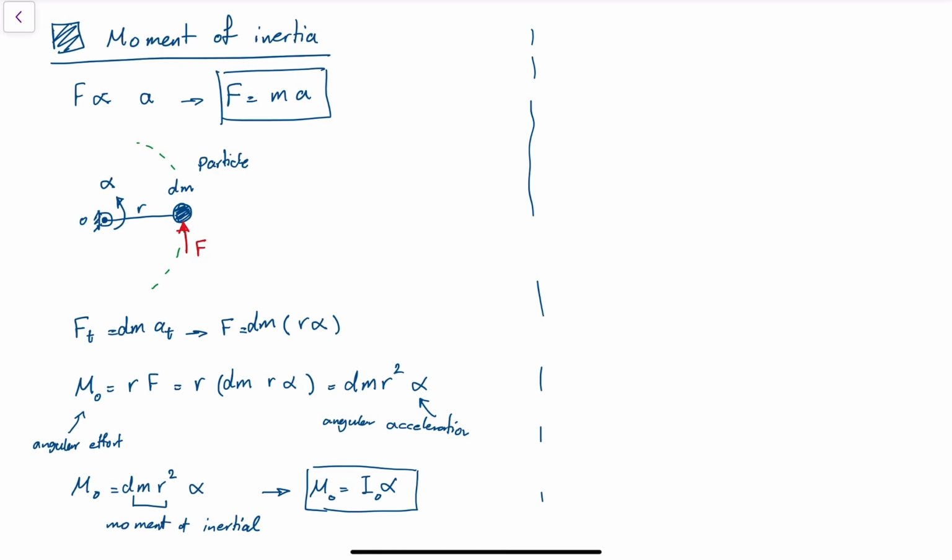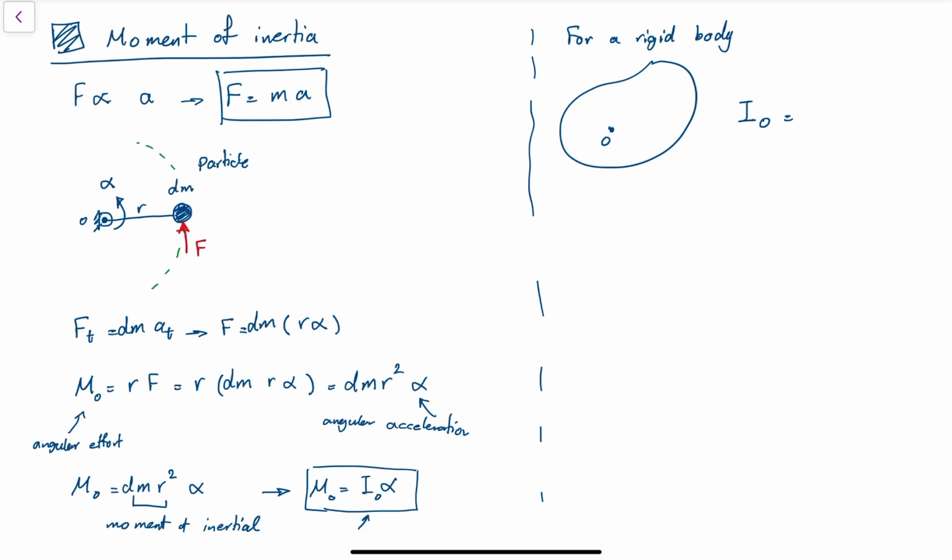So when you calculate the moment of inertia for a rigid body, which is a collection of a whole bunch of little dm's, about some point O, you can calculate the moment of inertia about that O by adding all these little dm r squared.